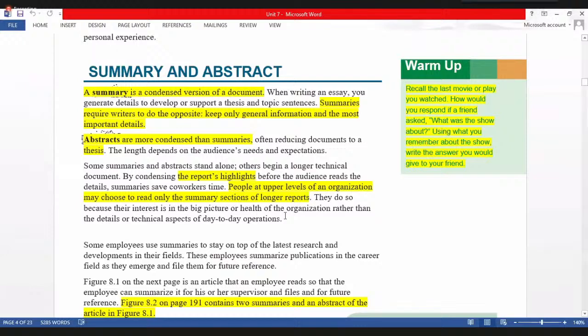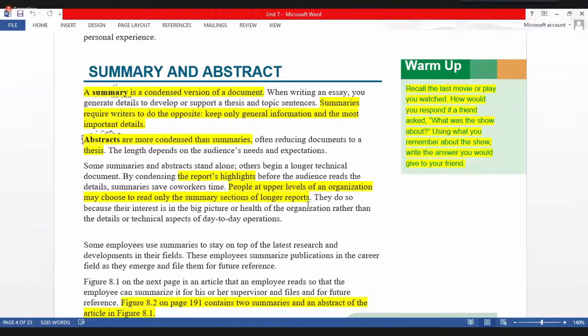Okay. So people at the upper level of an organization may choose to read only the summary sections of longer reports. See, if you have submitted any report to a certain organization, then the authorized reader of that organization, in place of going through the report line by line, reads the summary only.